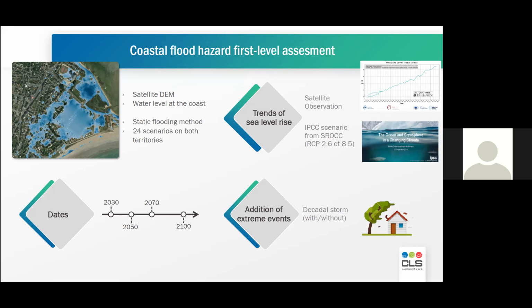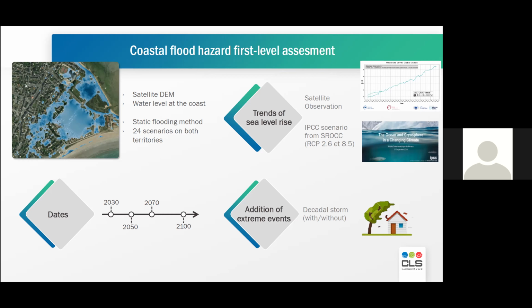The scenarios we considered took into account first the sea level rise observed with altimetry in the past 30 years, coming from the Copernicus Climate Service and Marine Service. But we also used two climate models from the IPCC group in order to take into account the projection of gas emissions in the future.